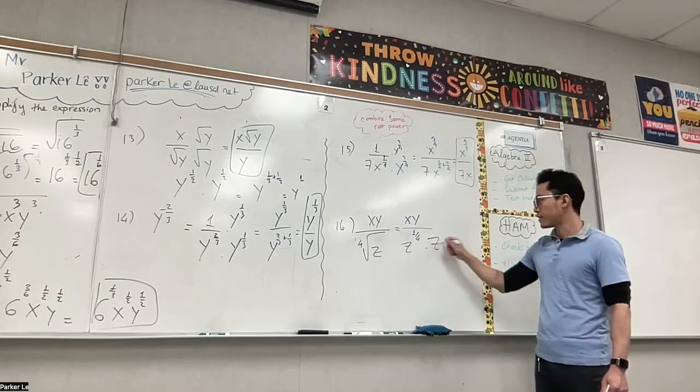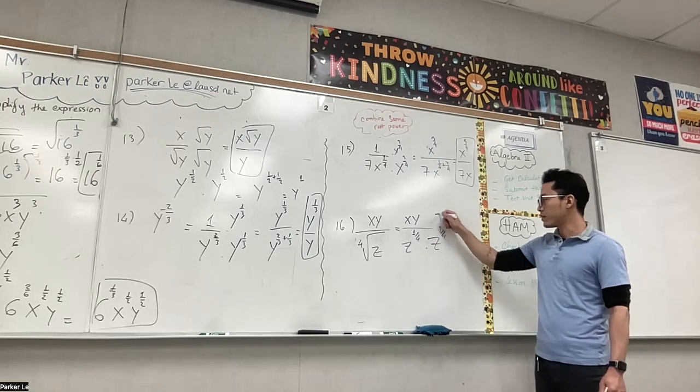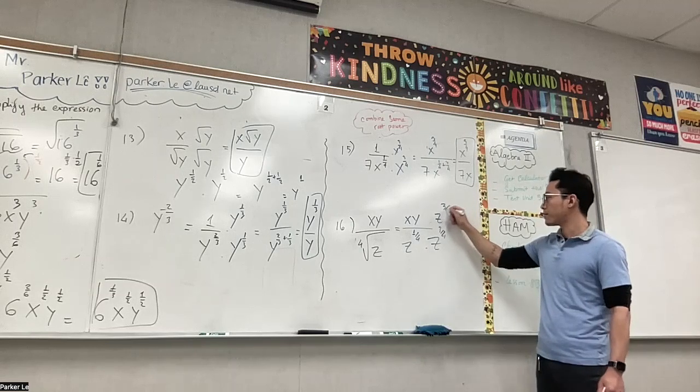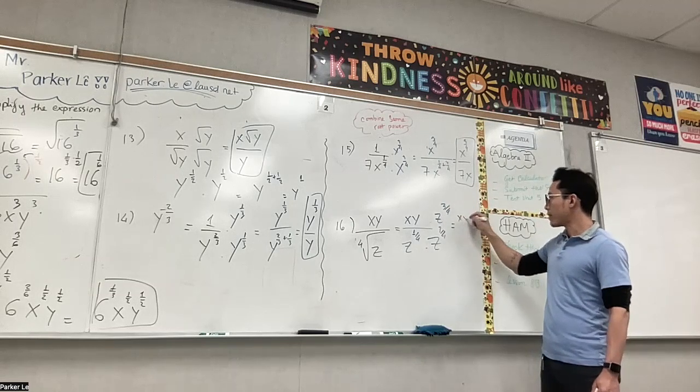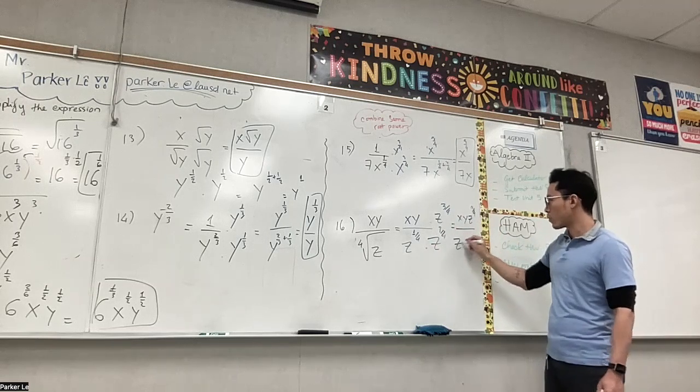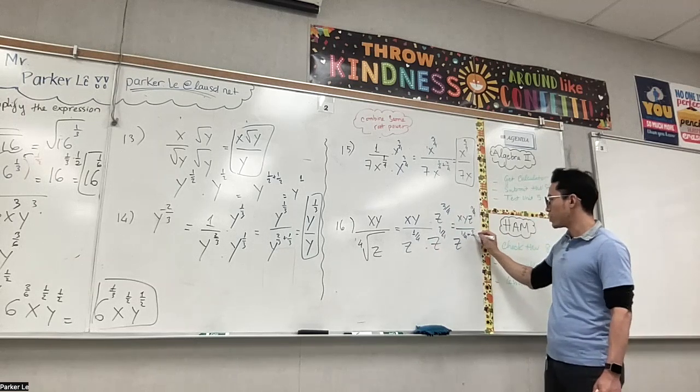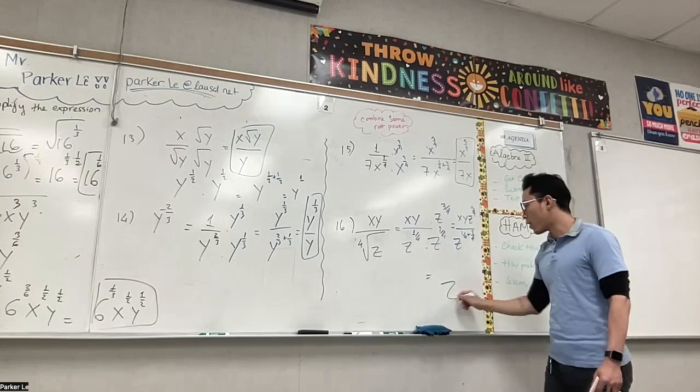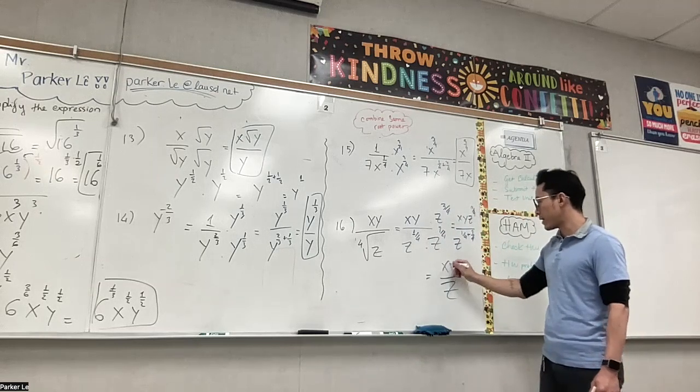Bring 4. Very good. 3/4. Because whatever you do to the bottom, you need to do to the top. So top I have x, y, z to the 3/4. Bottom is 1/4 plus 3/4, which is 1. So no more root on the bottom. That's what I want, and that's it.